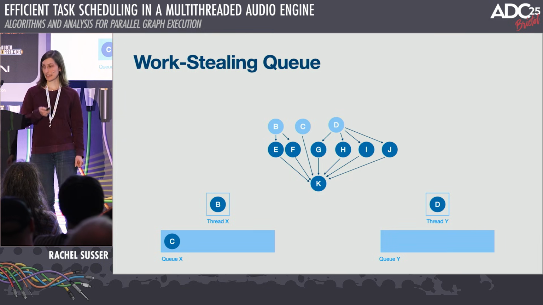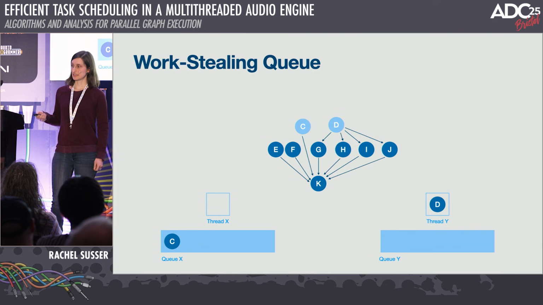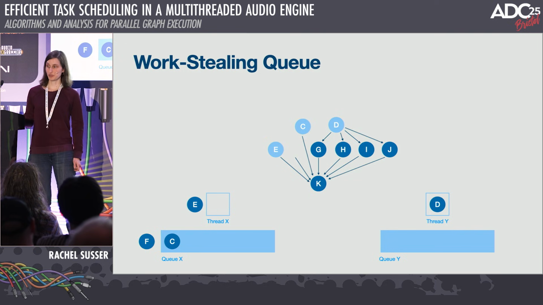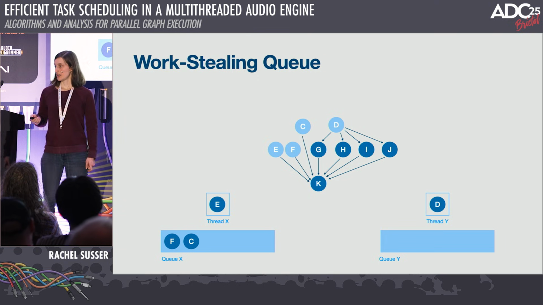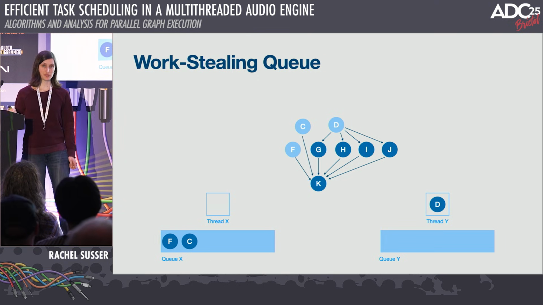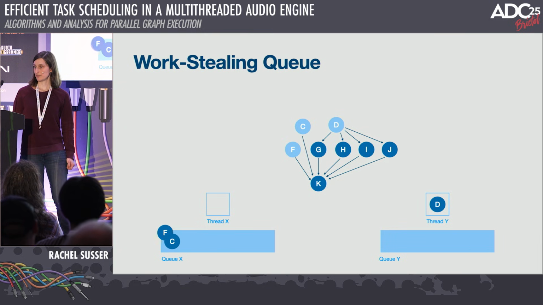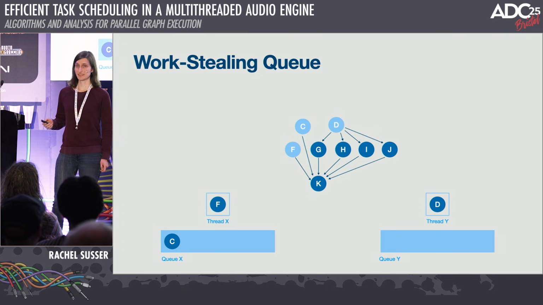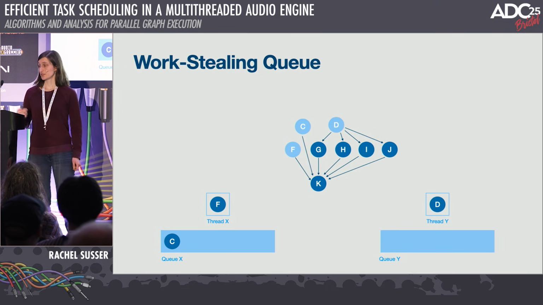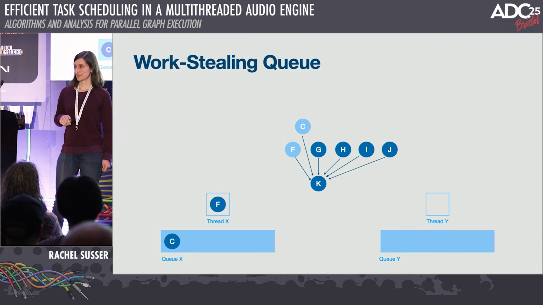So once thread X finishes task B, now E and F are ready to execute, so the thread reserves task E and pushes F onto its queue. When it finishes E, it continues by popping F. And in the meantime, thread Y is finally finishing with task D. That took forever. So G, H, I, and J all become ready to execute.